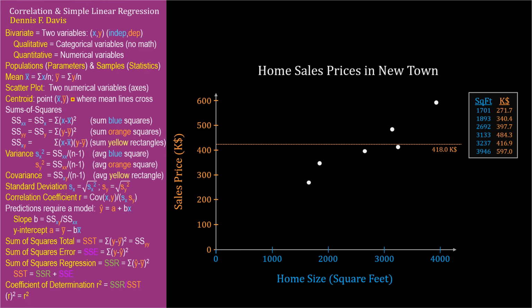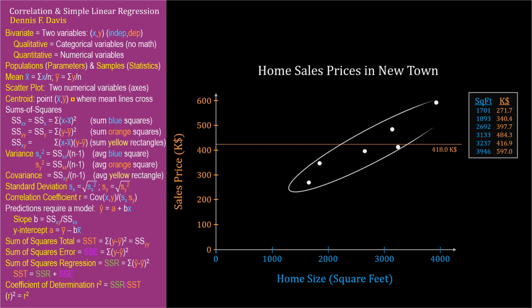The first point is lined up with 1,701 square feet on the horizontal axis and 271.7 K dollars on the vertical axis. So each point corresponds to a distinct home sale and simultaneously represents the value of 2 distinct numeric variables that describe the sale: home size and sale price.